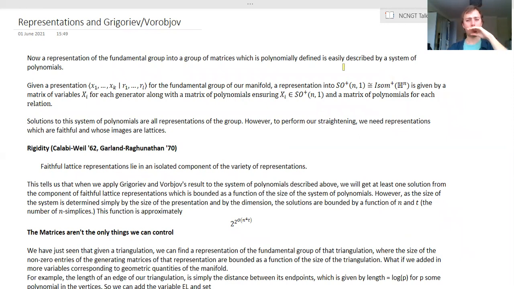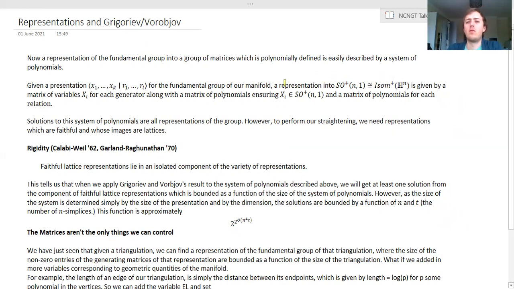So given a presentation of the fundamental group of our manifold, and remember, how do we get this presentation? Well, you've given me a triangulation, and especially if it's a one vertex triangulation, then the generators are the one simplices and the relations are the two simplices.